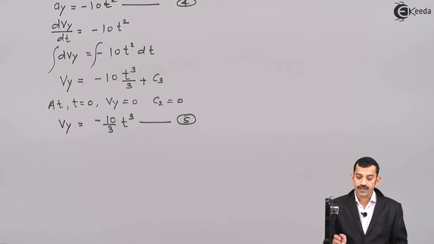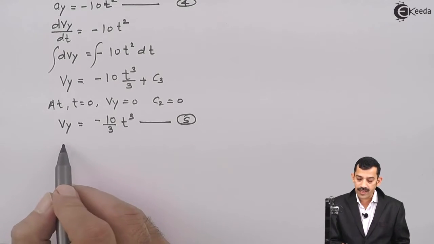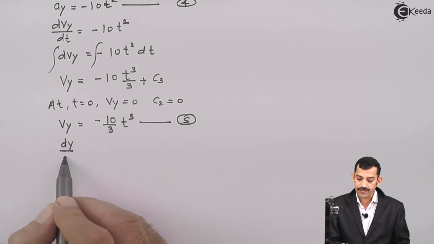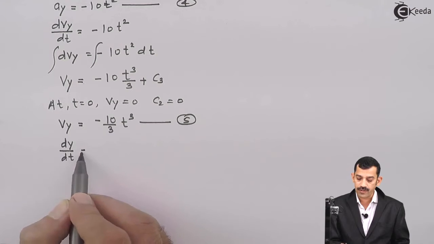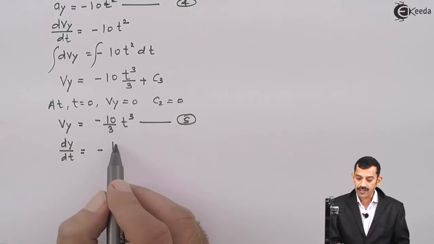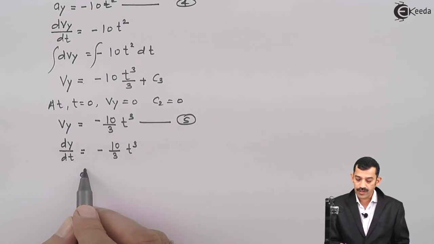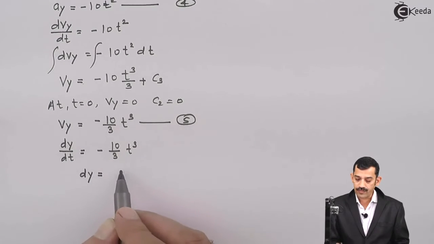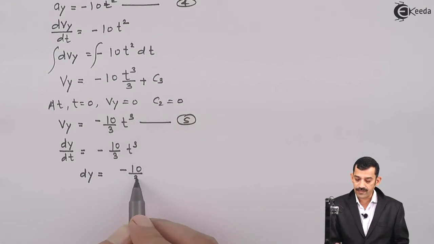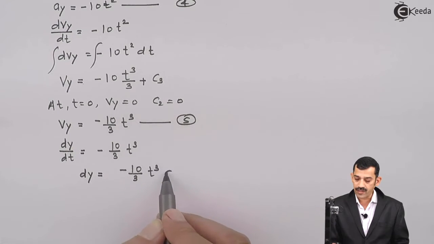Now if we write vy as dy by dt, the differentiation of y with respect to time t is vy, minus 10 by 3 t cube. Therefore, dy equal to minus 10 by 3 t cube dt.